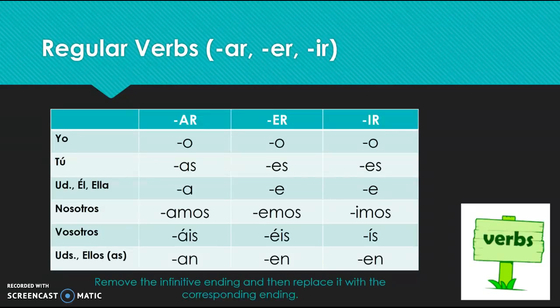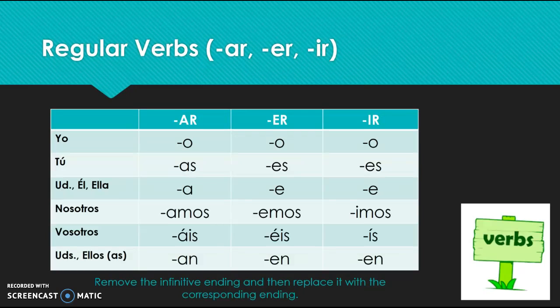ER verbs are o, es, e, emos, éis, en, and IR, o, es, e. Here's where it changes, imos, ís, and then back to en. Notice that for ER and IR, they also have an accent mark, and the accent mark is on the first vowel or the vowel before the S. For an IR verb, the only vowel is the I in ís.